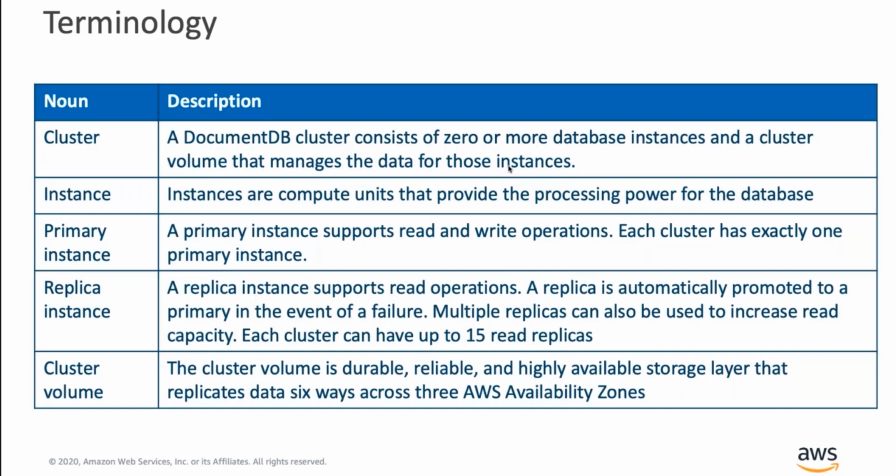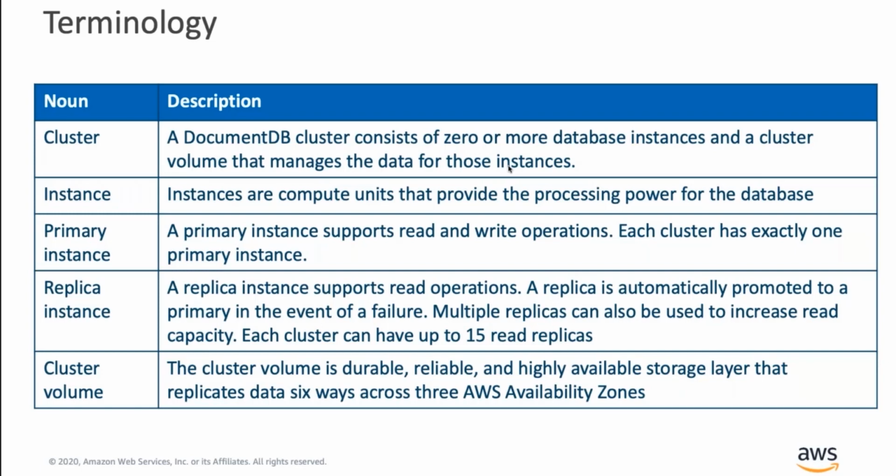A primary instance will support both read and write operations, while the replica instance will only support read operations. Every cluster can have exactly one primary instance, while every cluster can have up to 15 replica instances. We also call replica instances read replicas. So if you hear me say read replicas, it's interchangeable with replica instances.